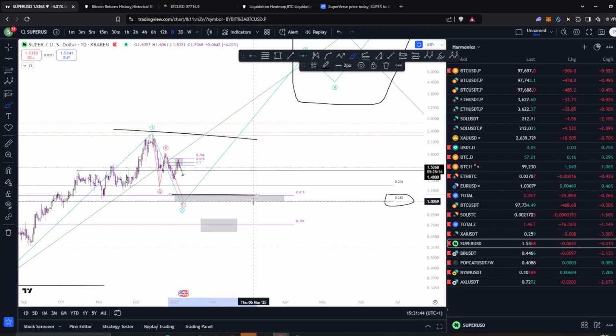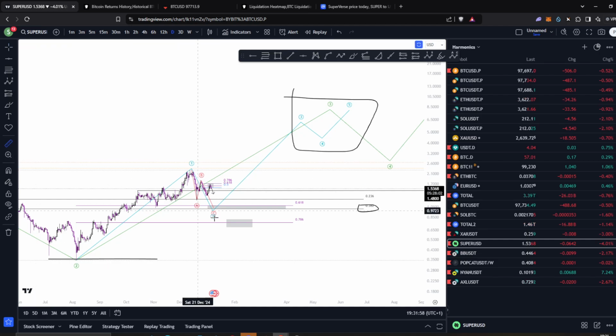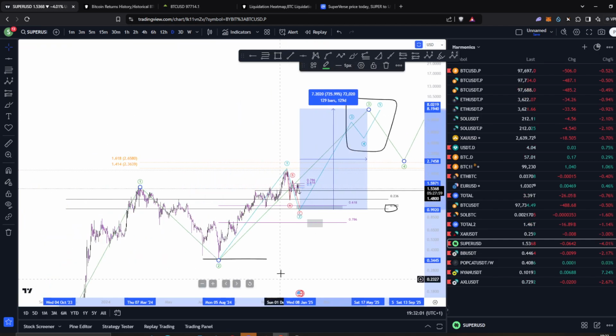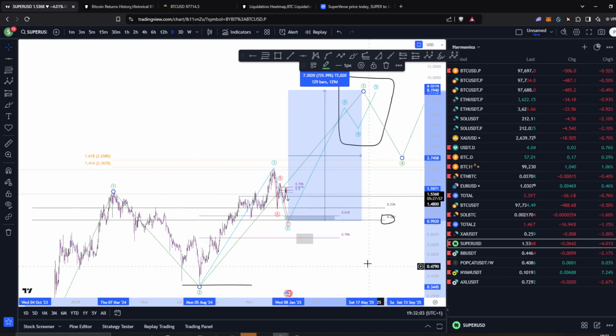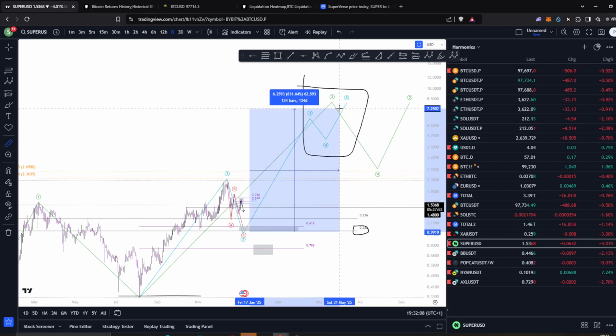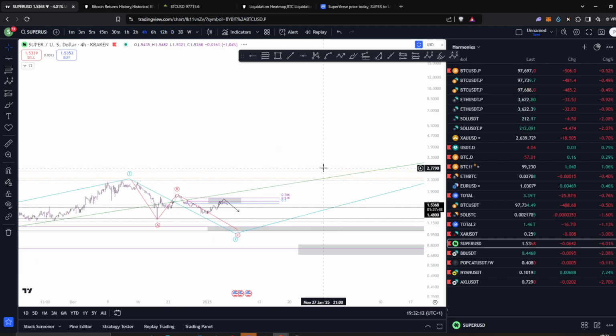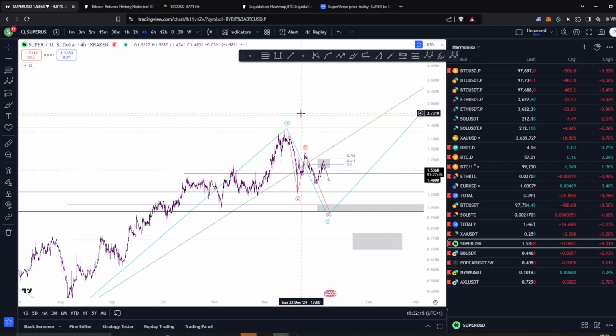So if you do get back into $1, 0.9, I want to DCA Super. I don't hold any spot just yet, but this is a coin I want to buy into for either a swing trade or just a spot swing overall into highs, new highs, all-time highs. I think you can get a good 3 to 7x from this overall, as it's been one of the best performing gaming coins since 2022, basically 2023.